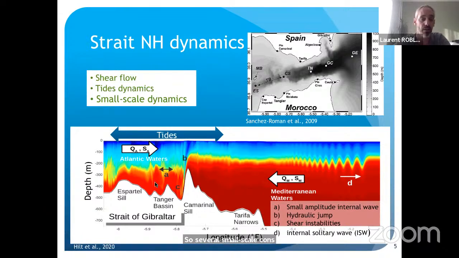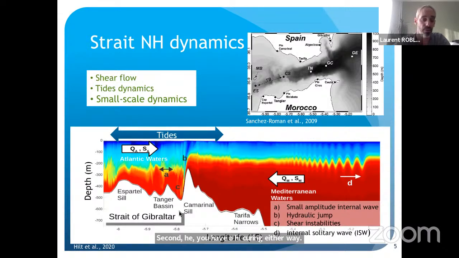A, you have small amplitude internal gravity waves at the interface of the Atlantic waters and the Mediterranean waters. B, you have this hydraulic control mainly done at the Camarinal sill caused by tidal currents, and consequently you have a recurring hydraulic jump.